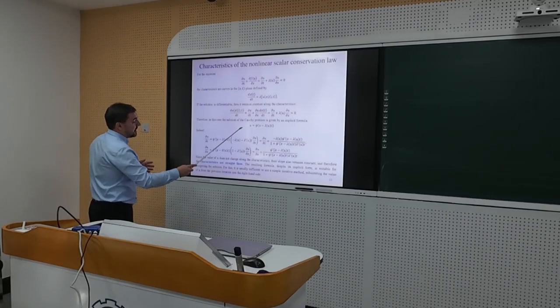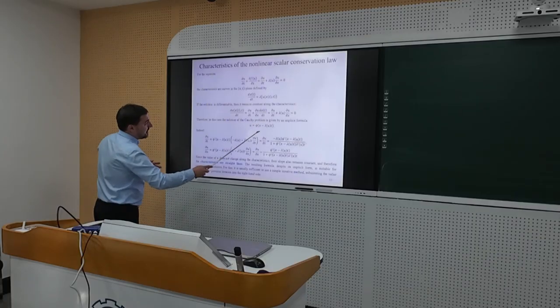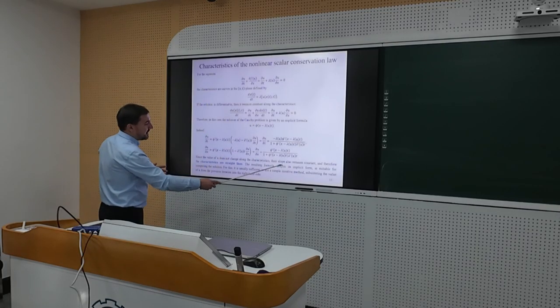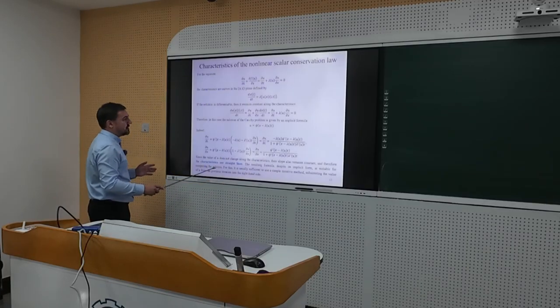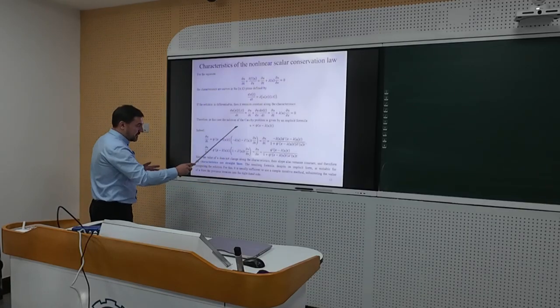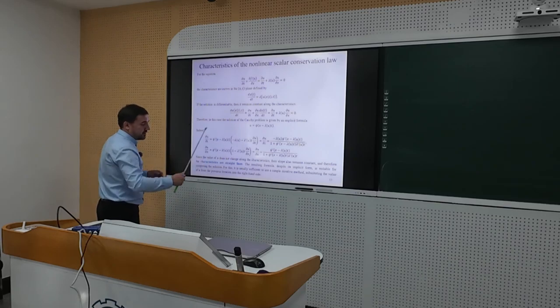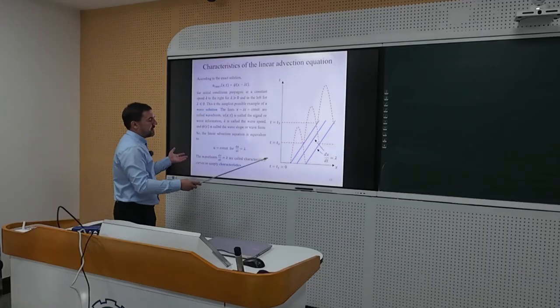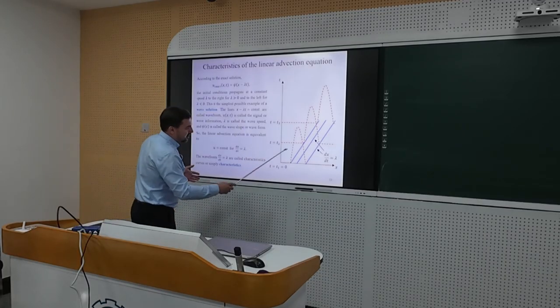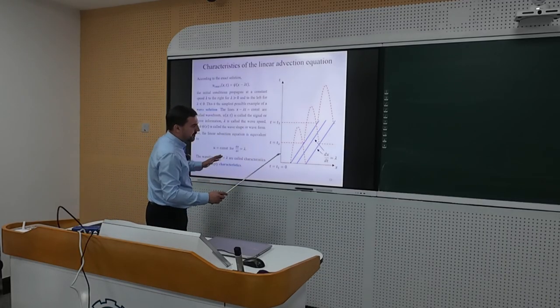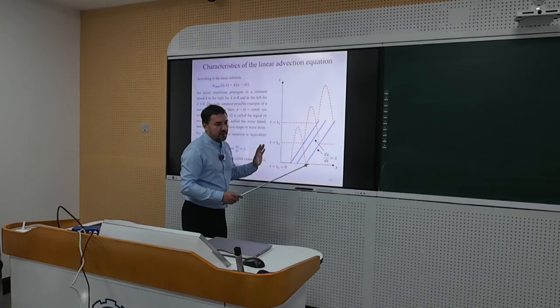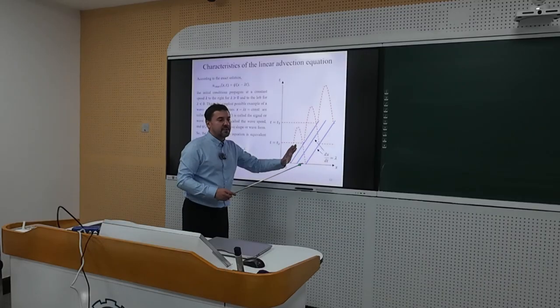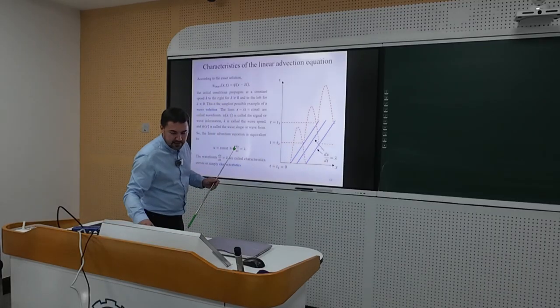And it is interesting that the resulting formula, despite the implicit form, is suitable for computing the solution. So you can compute the solution using this formula. In the linear case, it was not necessary to compute anything. Actually, we know that the initial profile propagates in the same form in the positive direction of the x axis.